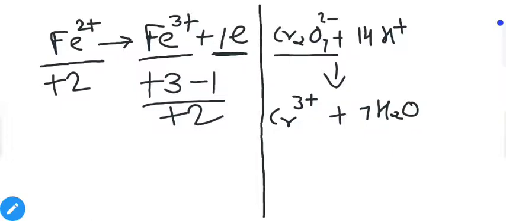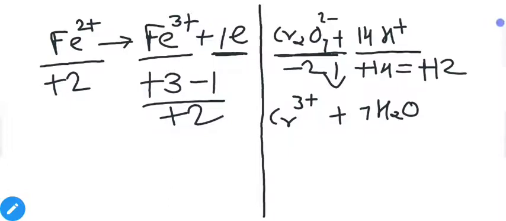On the other hand, for the next reaction, Cr2O7 2-, quantity 1, charge -2. Then we have hydrogen positive ion, total 14, charge +14. So total charge will be +12. And on the product side we have 2 Cr+3, which will give us +6 charge, and we have 7 water molecules which carry 0 charge.